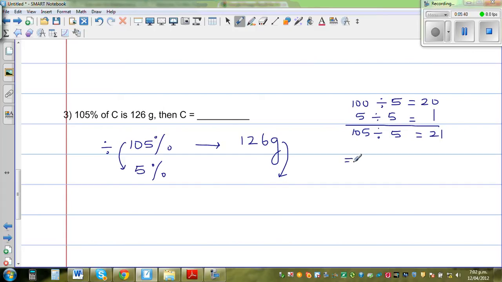This implies 105 divided by 21 gives you 5. This is a bit tricky manipulation, so let me give you another example.